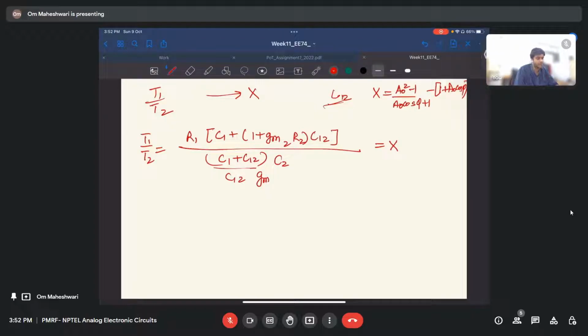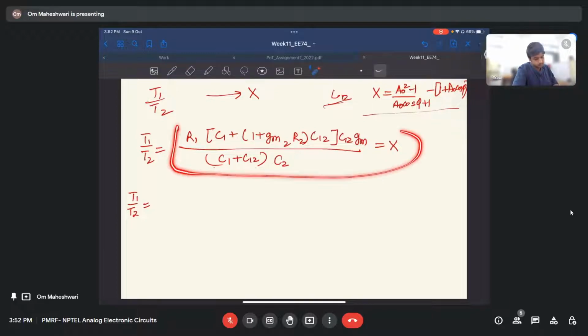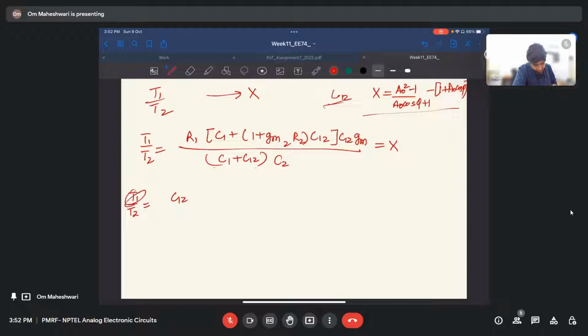We have written it five times already, so we know T1 by T2 equals this. Let me move C12 times Gm into the numerator. Then if I solve this quadratic equation, we separate the C12 squared terms and C12 terms.